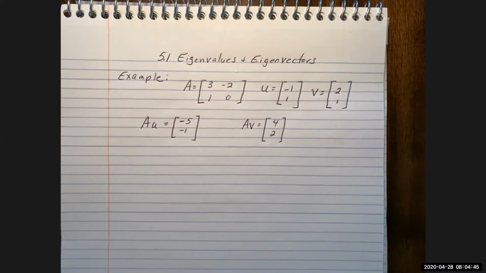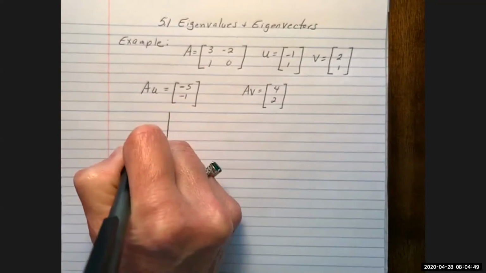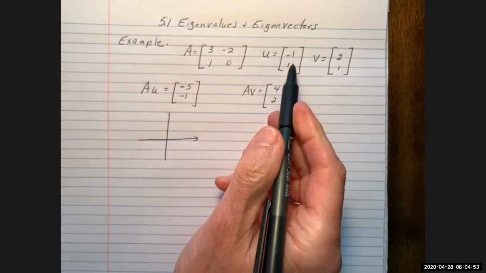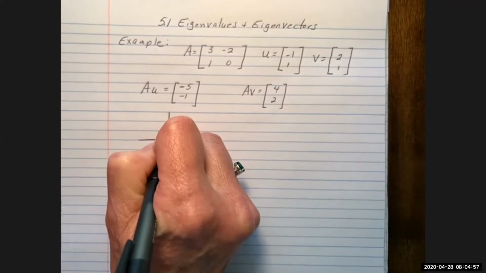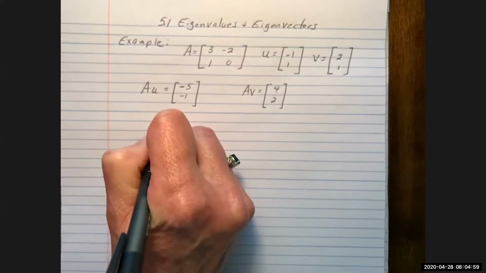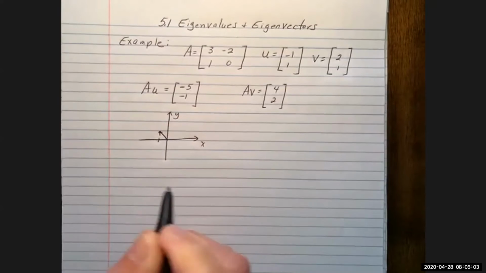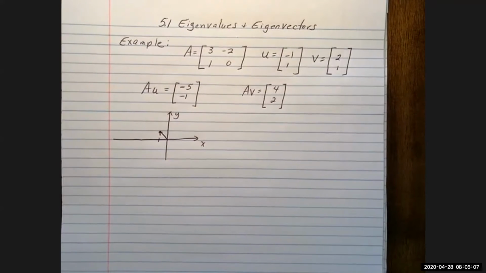Now let's look at what this is doing geometrically. So for AU, if I take the vector -1, 1, so here's -1, 1. I'm going to have to make this longer. That's the vector that I'm starting with.